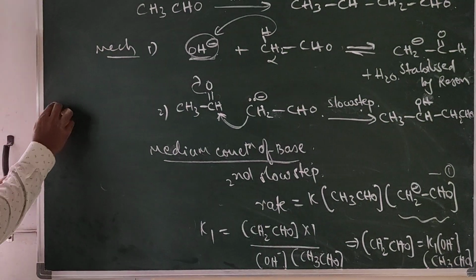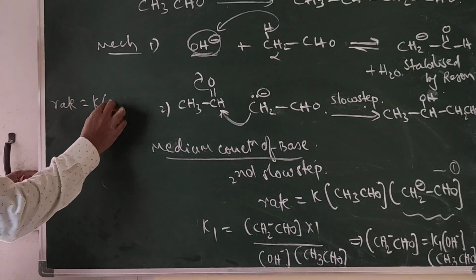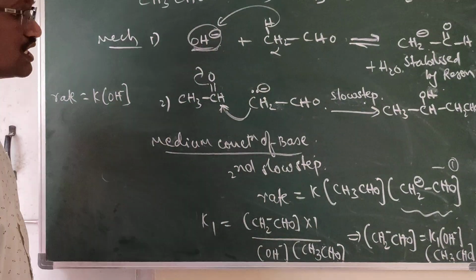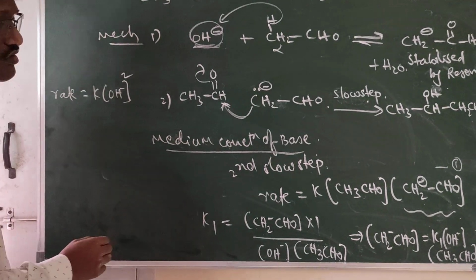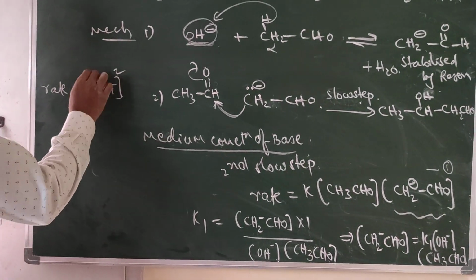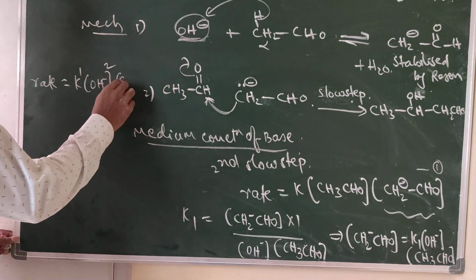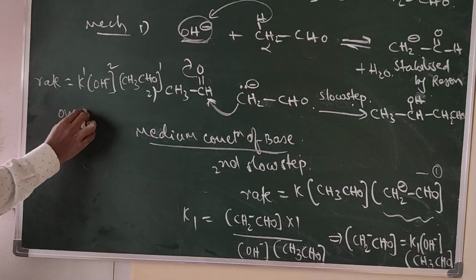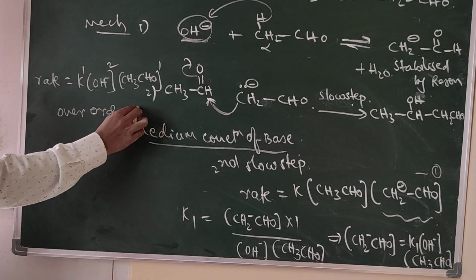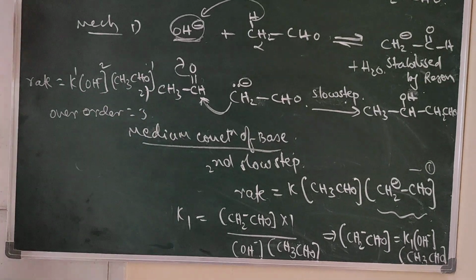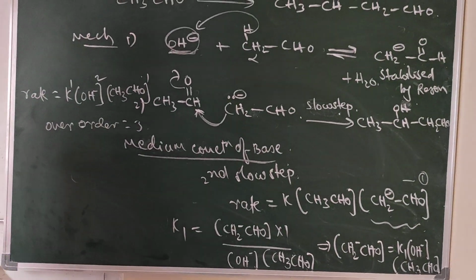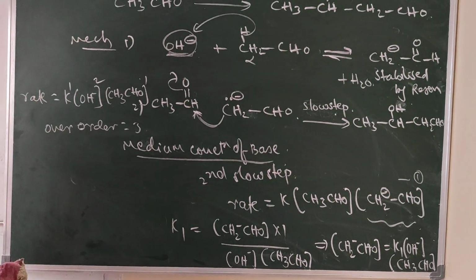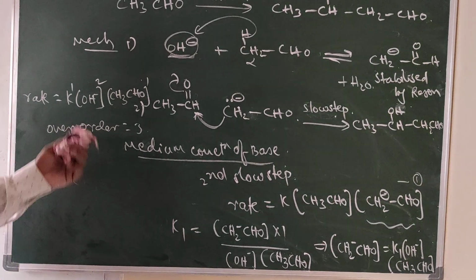The rate will be equal to K into the hydroxyl concentration into K1 into the hydroxyl concentration, that is, hydroxyl concentration squared. K into K1 can be written as K dash, into acetaldehyde concentration. So the overall order of reaction is 2 plus 1 equals 3. So at very low concentration, the order of aldol condensation is 2, and at medium concentration, the order of aldol condensation is 3.